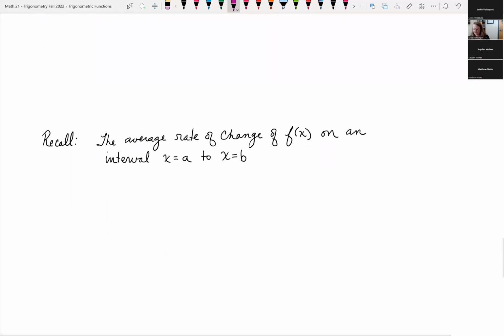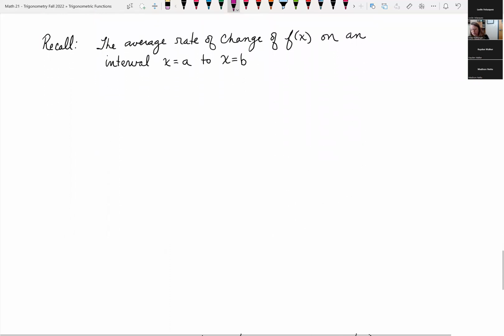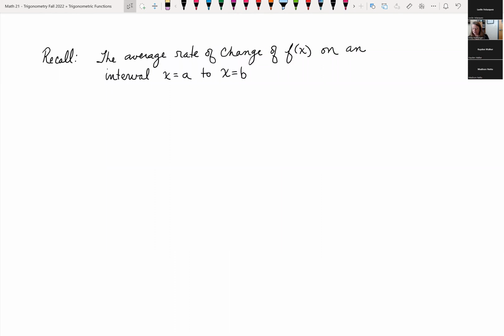You'll have an example where you have to find the average rate of change of a trigonometric function on some interval. So we're called to find the average rate of change of f of x on the interval x equals a to x equals b. You're basically looking at the slope between those 2 points. So we're looking at our y value when x equals a and our y value when x equals b.